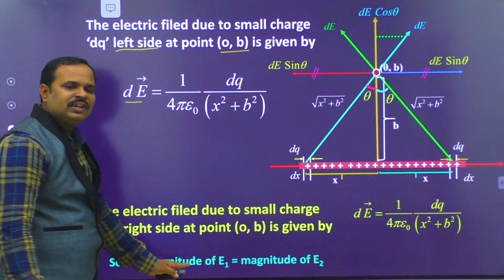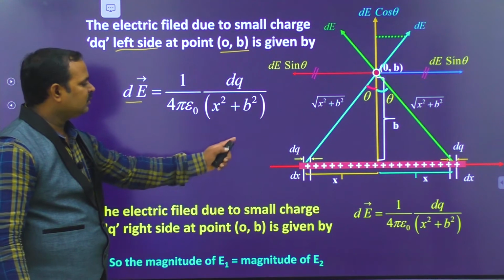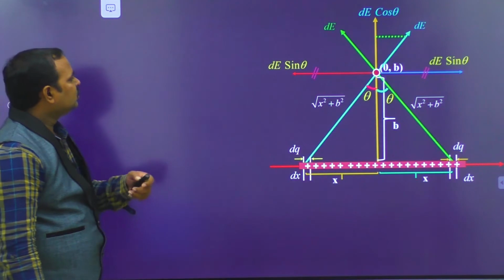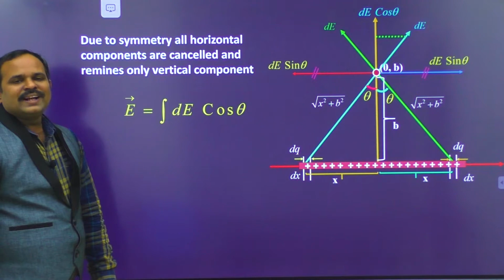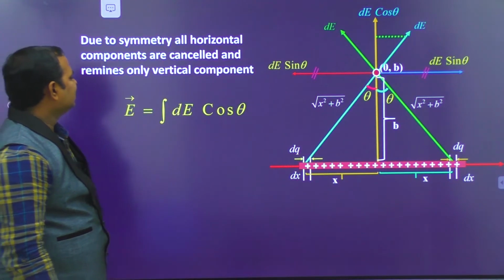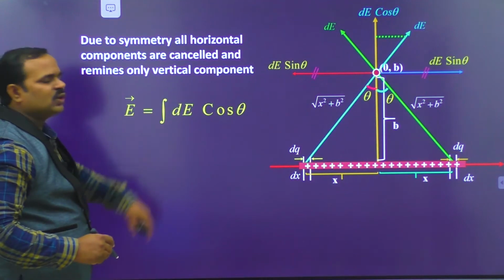So the magnitude of E1 and the magnitude of E2 is the same. That means the magnitude of the electric field on both sides is equal. So due to symmetry, all horizontal components will get cancelled. So the remaining is dE cos θ, the integration of dE cos θ.